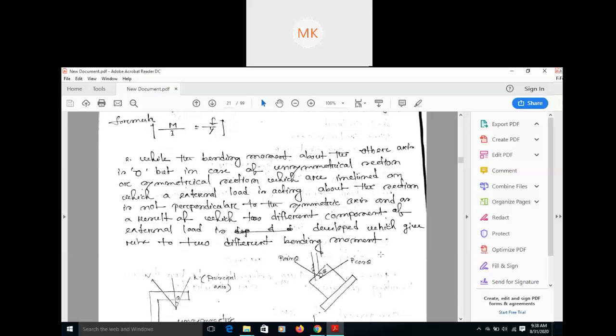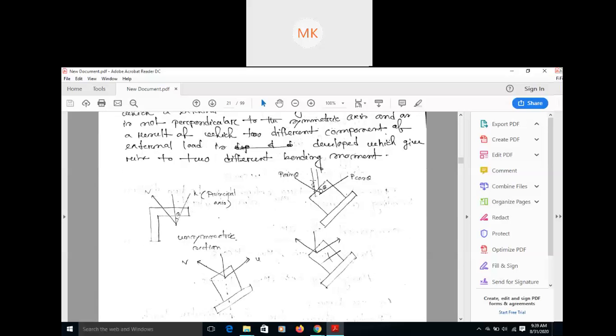Means if a force is applied on any unsymmetrical section or any symmetrical section inclined at an angle theta, we resolve that force into two components about the x-axis and y-axis. It is saying only about that.